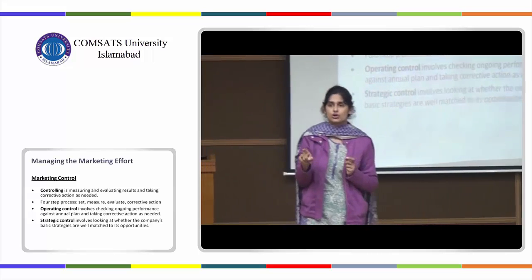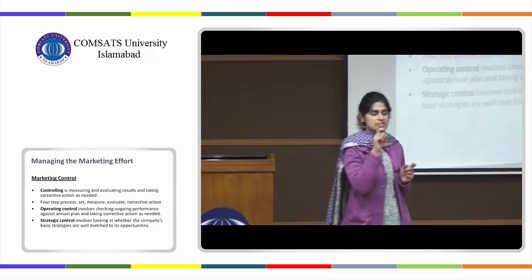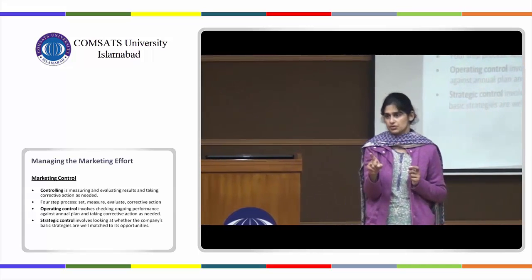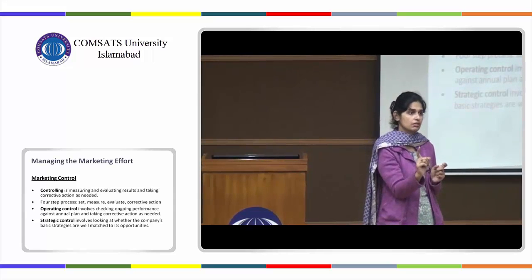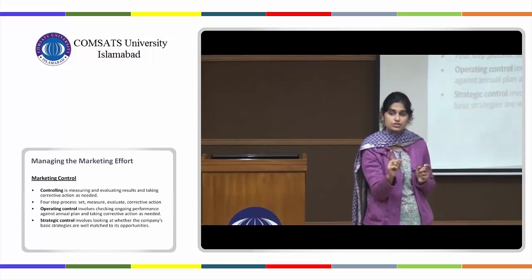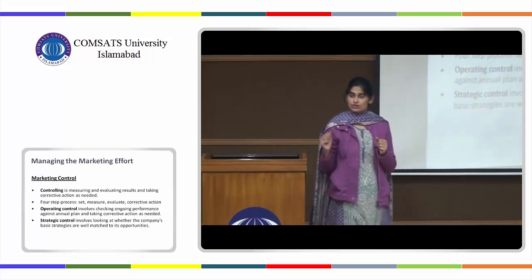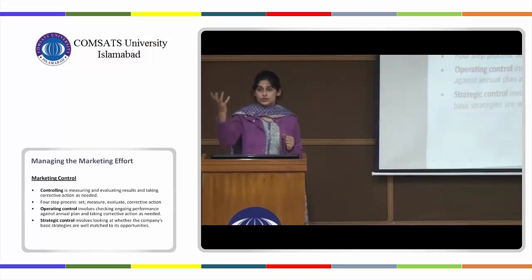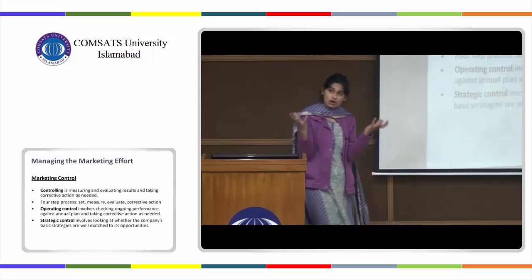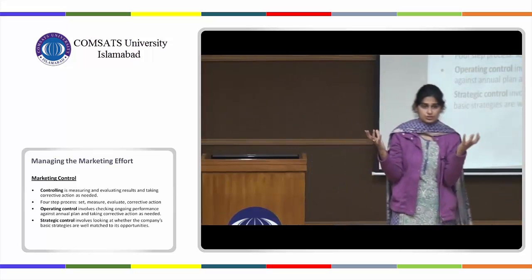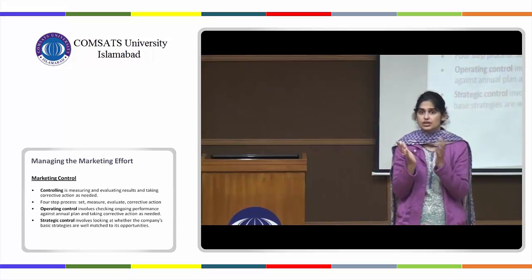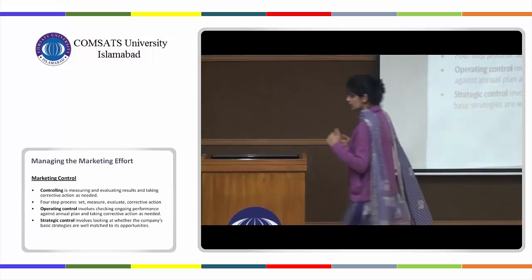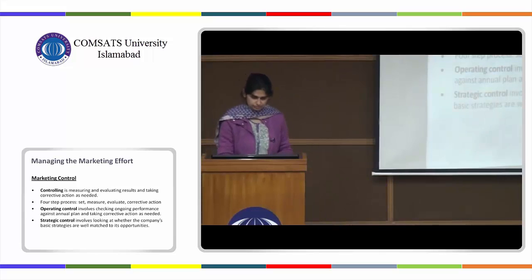Strategic control would ensure that the company stays relevant with the changing environment, so your strategic plan is relevant to whatever is happening in the market. You're trying to find the fit between the opportunities that are there and the strategy, or how the company can explore those opportunities. To make your strategic plan stay relevant, you do strategic control.